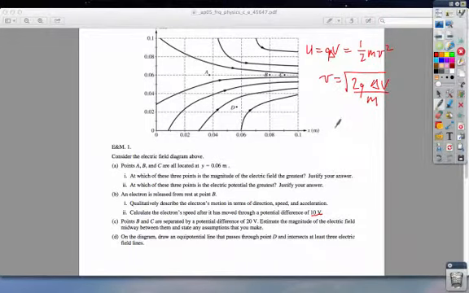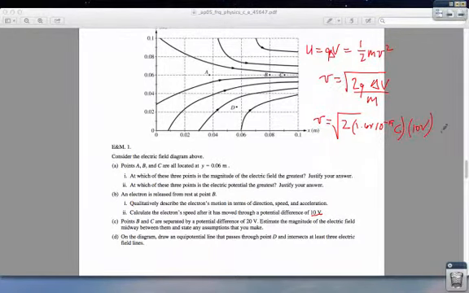Then we plug in our known values, so v is going to be equal to the square root of 2 times 1.6 times 10 to the negative 19th coulombs, which is the charge of an electron, times 10 volts, divided by the mass of the electron, which is 9.11 times 10 to the negative 31 kilograms.